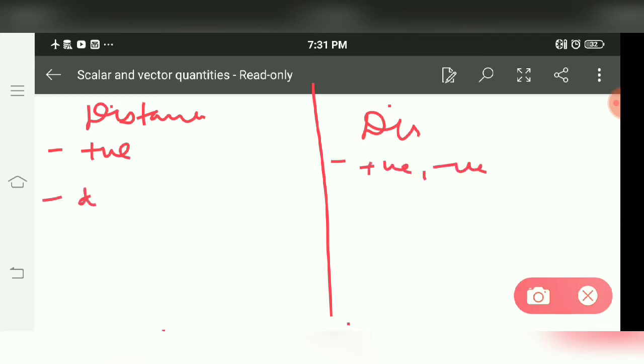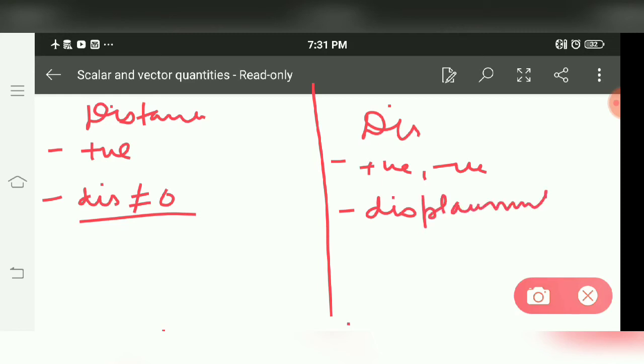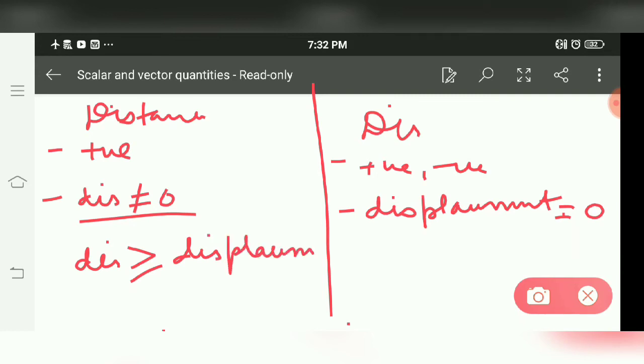Distance is never 0, this is not equal to 0 at any time, but displacement can be 0. Distance is always greater than or equal to displacement.